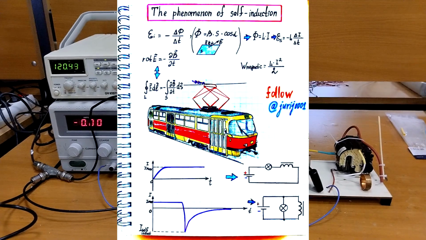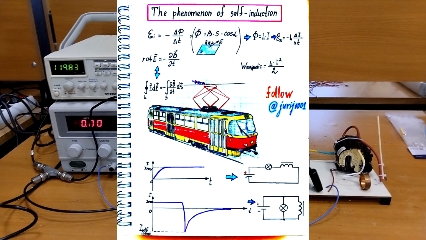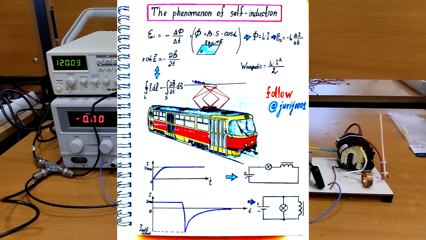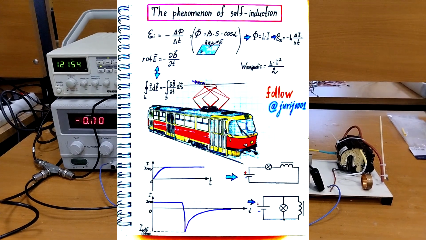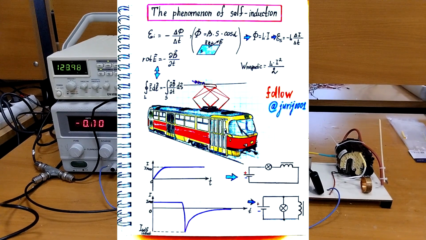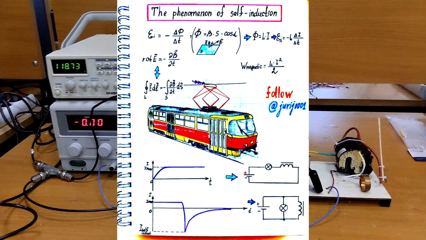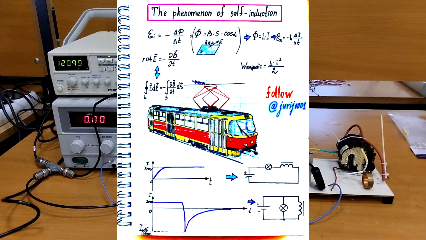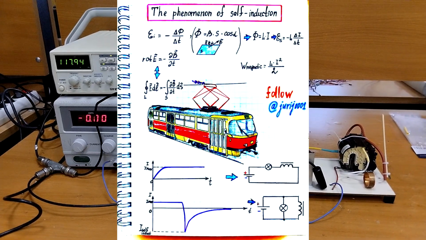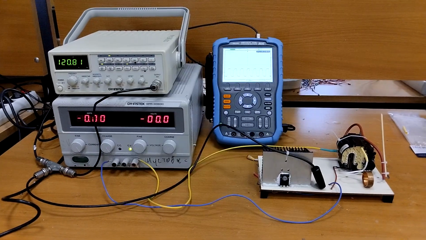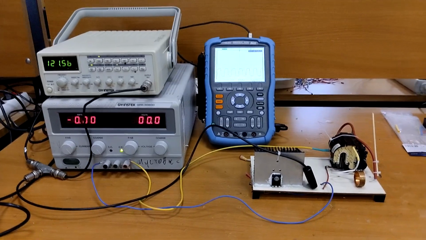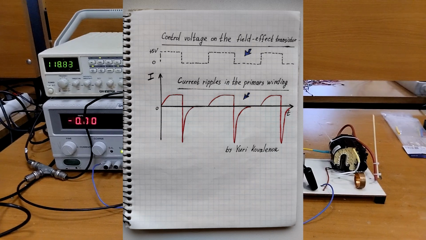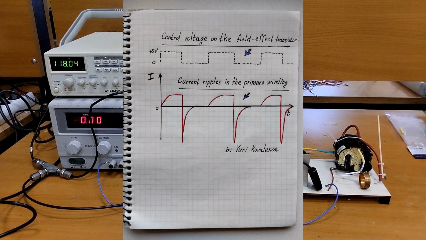So at the time of opening this circuit, the energy of the magnetic field is released in the form of self-induction EMF. At the time of closing the circuit, the current does not immediately reach its maximum value, but gradually. This phenomenon allows you to get ripples from the direct current that you see on the screen.